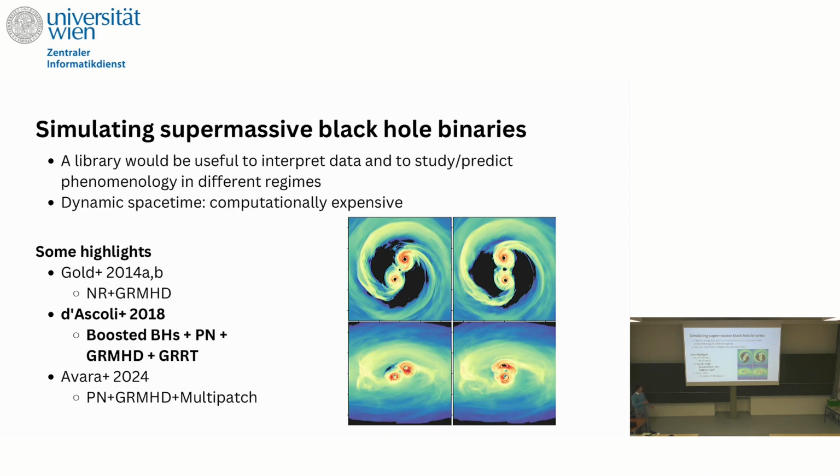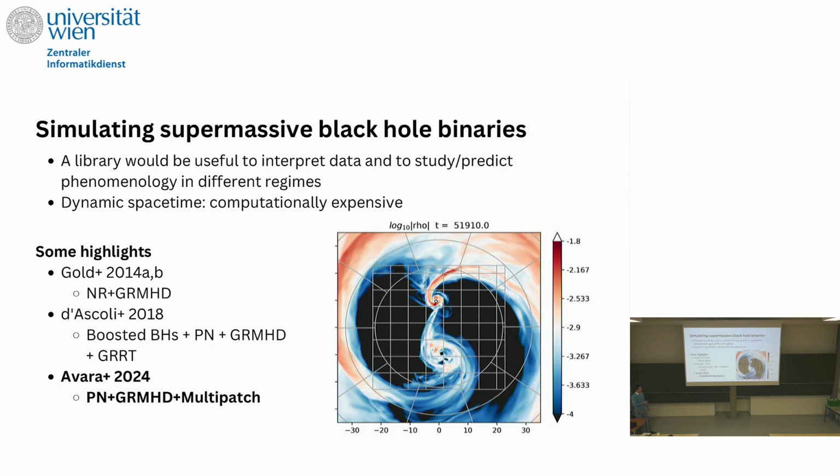More recently, even this year, there was a very interesting work by the same group that tries to solve this problem of the origin by using what is called a multi-patch approach. They use a Cartesian mesh to simulate the region close to the black holes.